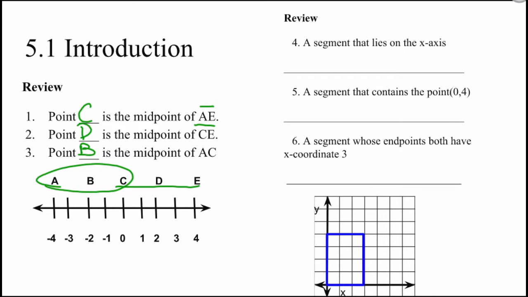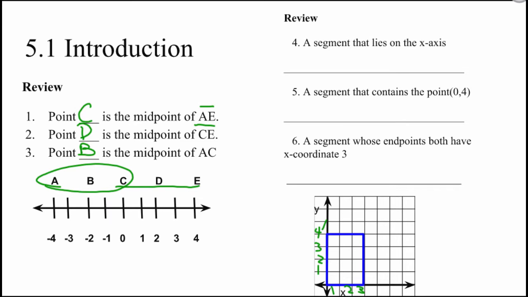The segment that lies on the x-axis, so that would be this. So we're going to number it in increments of 1. 1, 2, 3. Okay. So does everybody know what an x-axis is? So which segment lies on the x-axis?